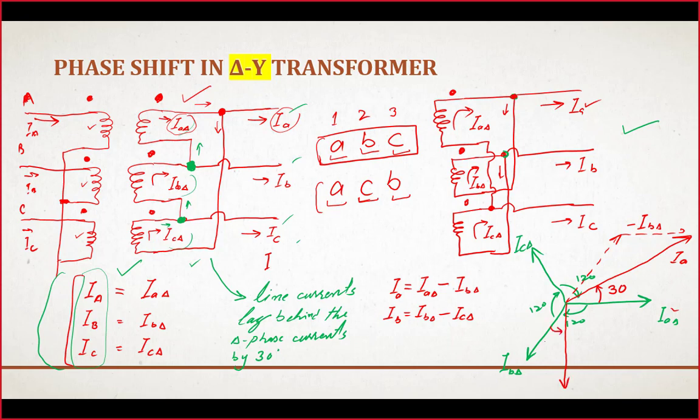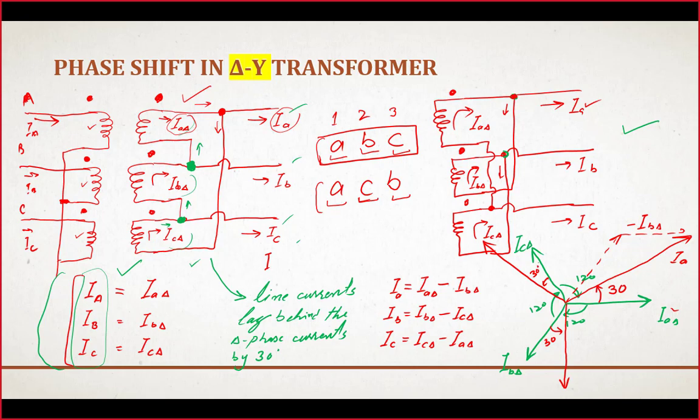Again here it is leading the corresponding phase current by 30 degrees, and the third, IC, is equal to IC delta minus IA delta. Here this IC will be here, leading the corresponding current by 30 degrees.